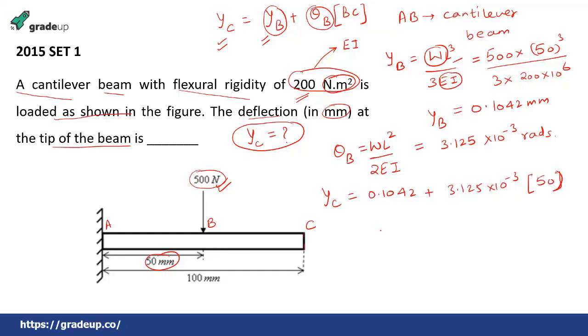So on solving this, you will get the answer Y at C is equal to 0.26045 mm. Okay, so you can write it as 0.26 or 0.2604, anything you can write. 0.26045 is the exact answer that we are getting. Okay, simple question, just using this concept we get this answer.